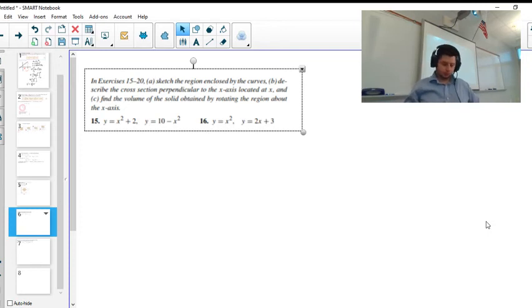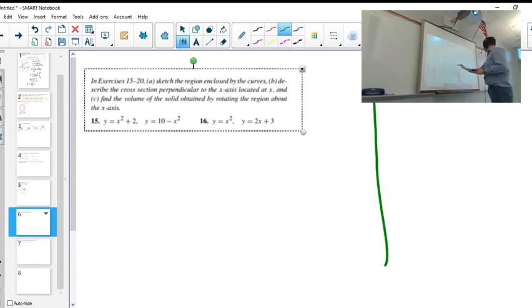I'm going to sketch both of these on my graphing calculator and go to zoom standard. This is kind of a classical example.